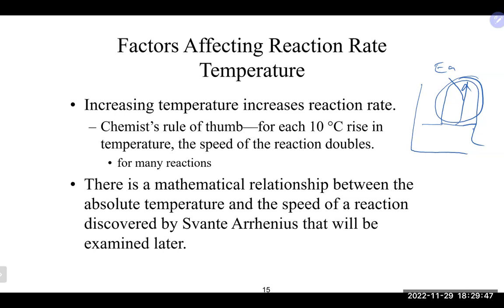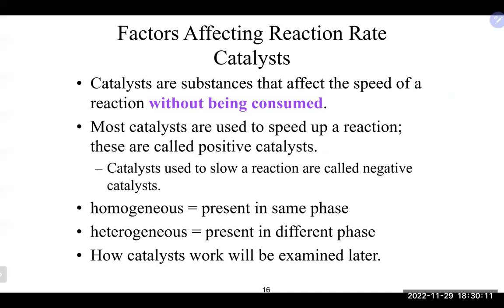So when we increase the temperature, a greater proportion of molecules have enough energy to climb the hill and make products. When you lower the temperature, a lower proportion have sufficient energy to get over the hill to make products. That affects the rate that we see. There is a relationship we'll see in this chapter that relates temperature to reaction rate.